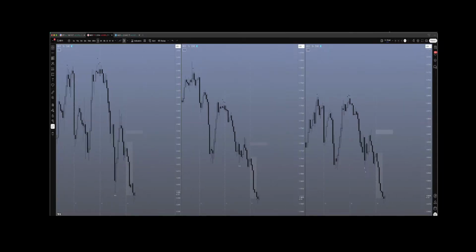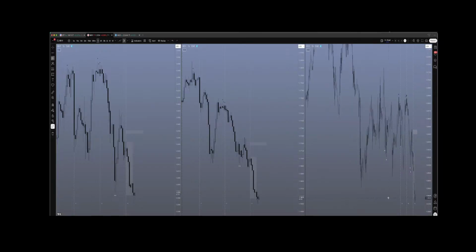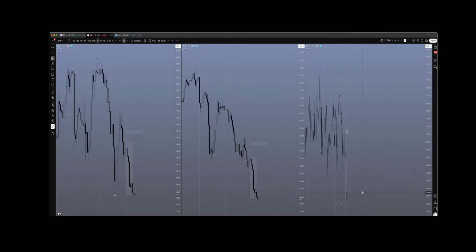What I'll do is mark out 50% in this scenario. We haven't got anything to trade into. There's no liquidity pools that I'm looking for in terms of higher time frames, so I need a little bit more. I need some confluence, right?